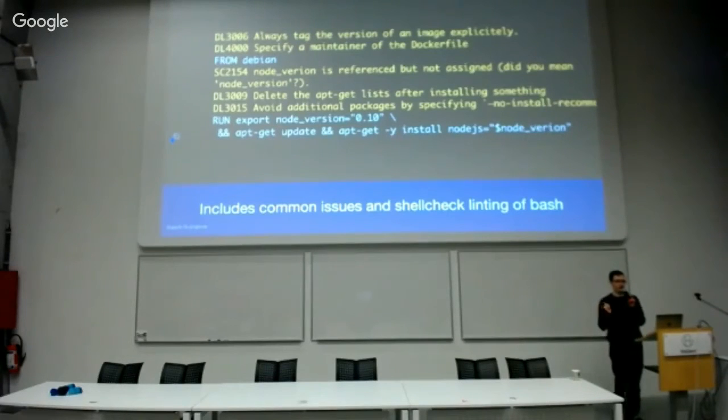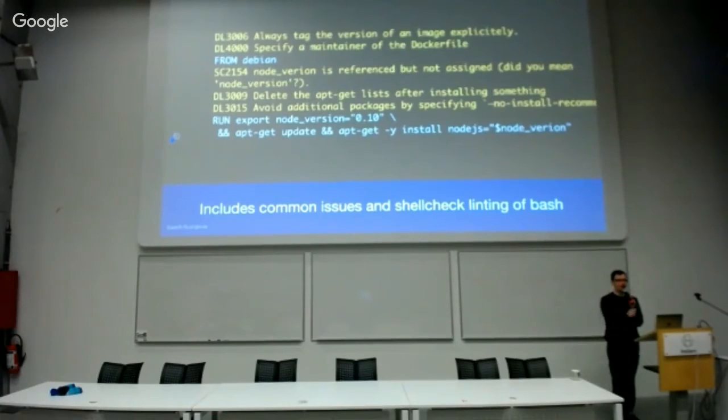Hadolint does some other quite clever things, specifically using ShellCheck, basically a static analysis tool for bash. Because Dockerfiles basically have some keywords and then invariably some bash. Hadolint actually goes into that bash and goes like, hey, that bash is completely syntactically invalid, or hey, your variable names are different. The example here is that it's picking up on, well, you referenced a variable called node variant, which you haven't assigned.